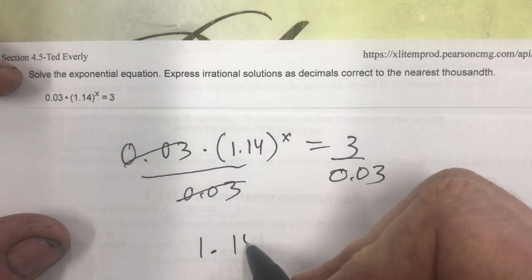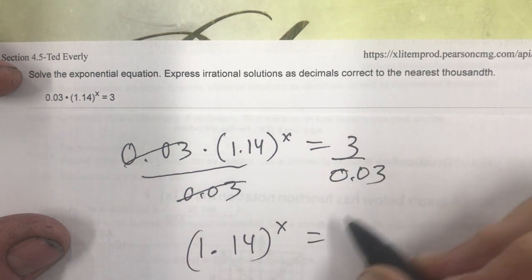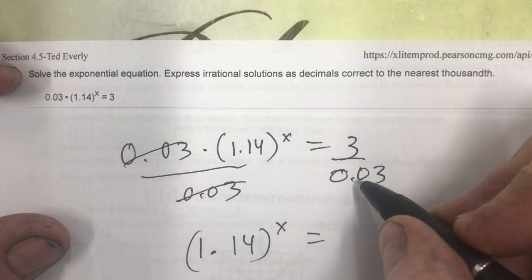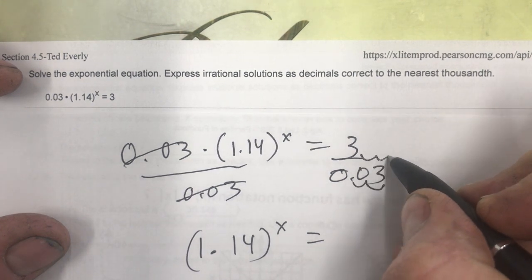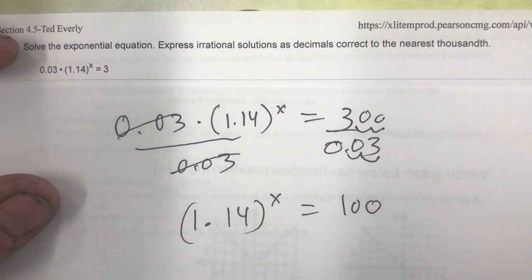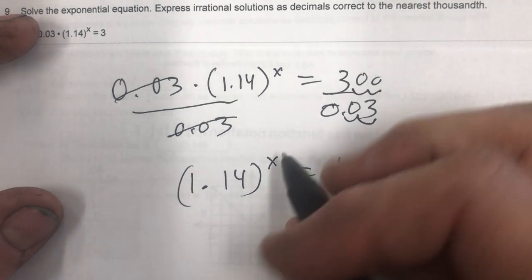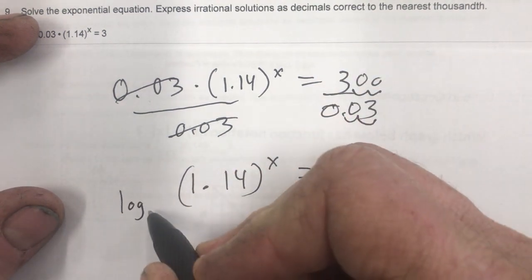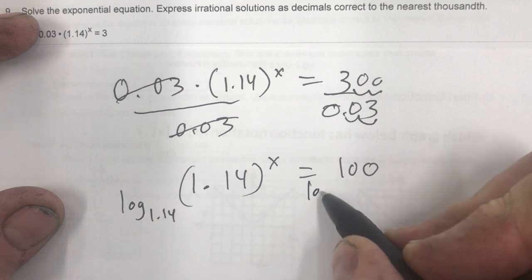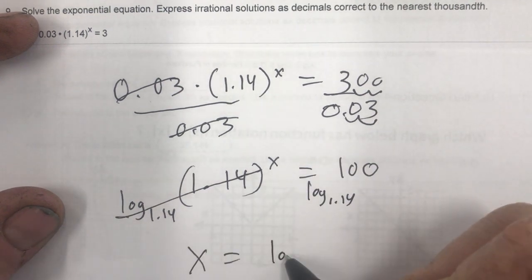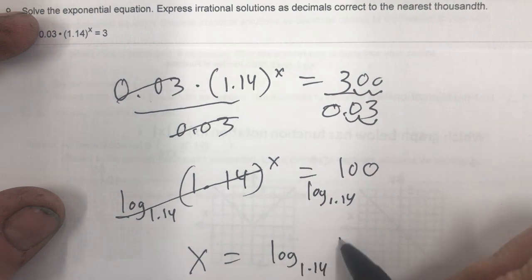And now I have 1.14 to the x power equals, and this is going to be 100. 3 divided by 0.03 is 100. Now, since I don't have any multipliers, I can do log base 1.14. These will cancel, and x equals log base 1.14 of 100.